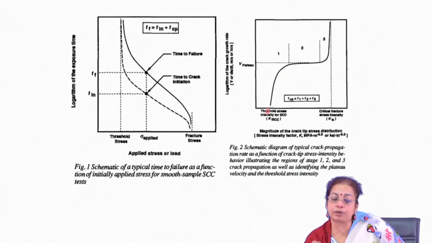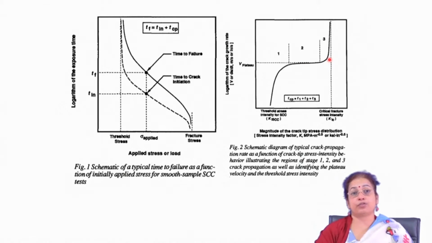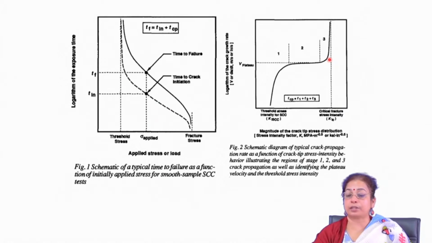So, the total time for a typical stress corrosion cracking may be divided into three different time regimes. One is the time required for initiation, then a plateau region where the stress corrosion cracking rate is almost the same, and then finally another region where the rate of stress corrosion cracking is much faster.